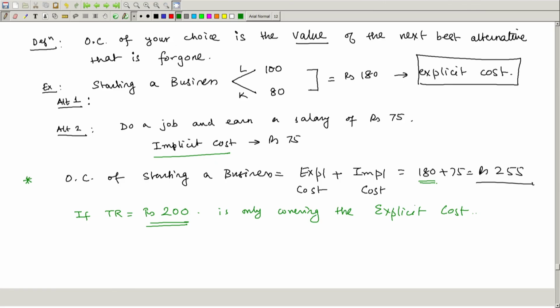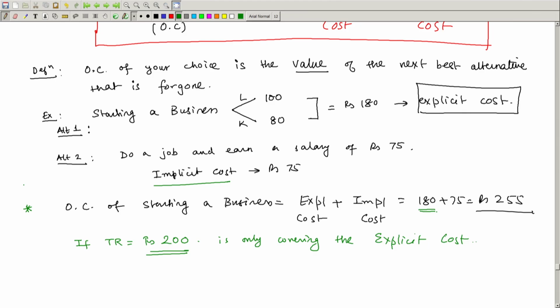Now let's also use the definition that opportunity cost of your choice is the value of the next best alternative foregone, right? Let's use this definition. Well, what's the value of the next best alternative? Well, the next best alternative was alternative 2, right?